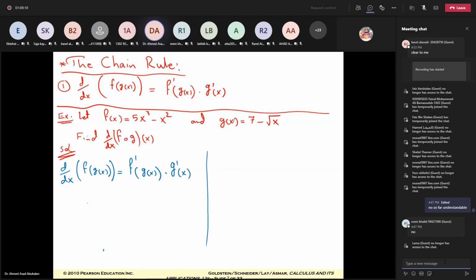Now find f prime of x equal 15x squared minus 2x. Now substitute g in f prime, so we have 15g squared minus 2g. What's the value of g? This is the value of g.